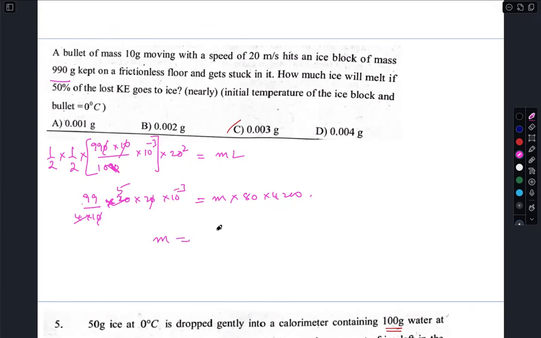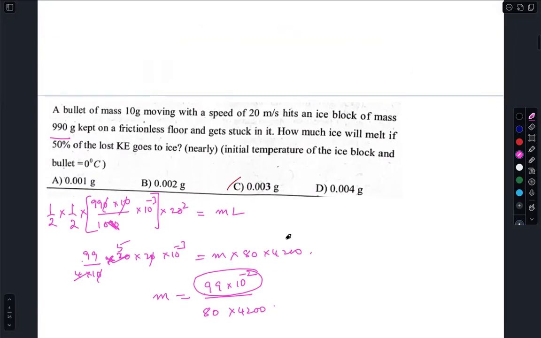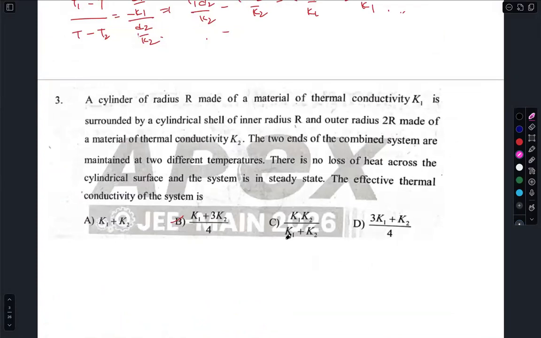So mass is equal to 99 into 10 power minus 2 by 80 into 4,200. Right. If you take this almost 100, you can ignore this. You will get the answer in kilograms, sir. Right. Accordingly, you will get the answer. 18 multiplied with 42, which is giving approximately, decent, correct, decent calculation. Right. Approximately is what we find.